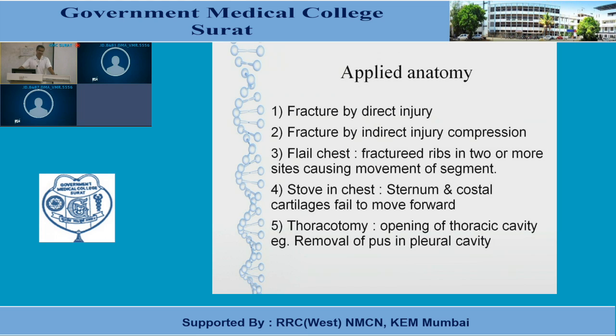Again, same condition, but in relation with anterior aspect, or you can say in relation with costal cartilages of these ribs, what will happen? Sometimes there is a fracture because of steering wheel of four-wheeler.